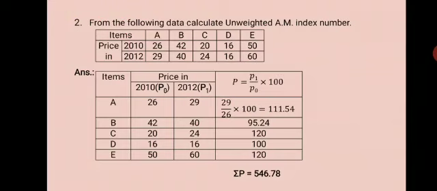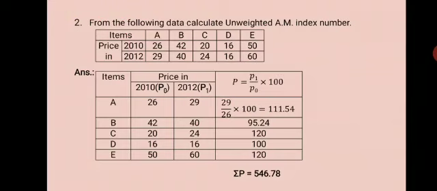Here 2010 is a base year and 2012 is a current year. Then in the solution we have to denote the base year prices, that is price given in the year 2010 as P0 and the current year prices, that is price given in 2012 as P1.